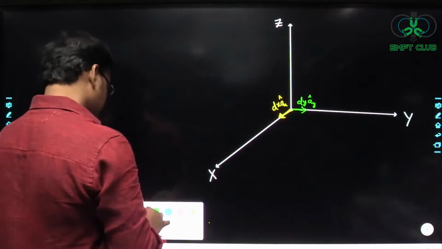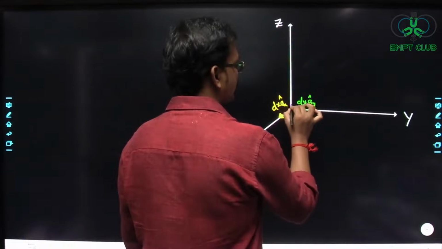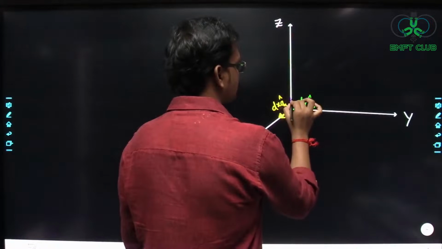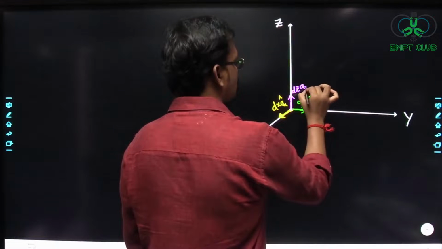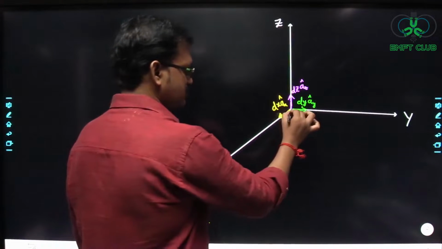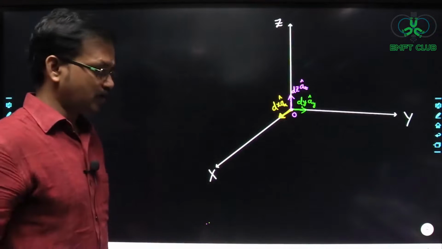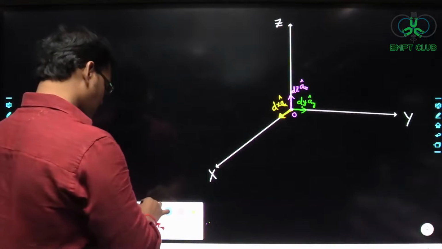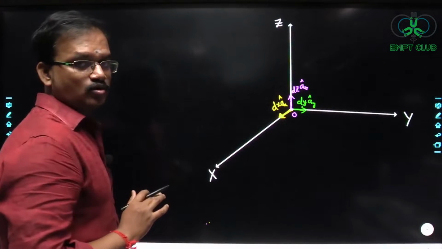So next, similarly I can consider a small differential length along z. So I can represent it as dz into az cap, right? So let us consider this is the origin, right? Okay. So what are the differential lengths in a rectangular coordinate system here?